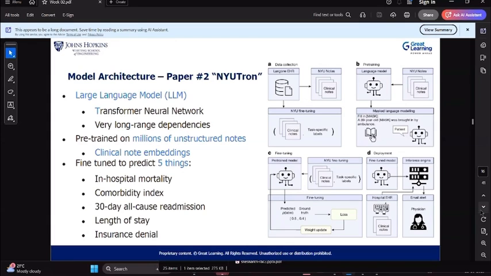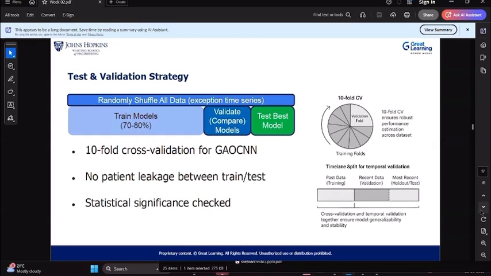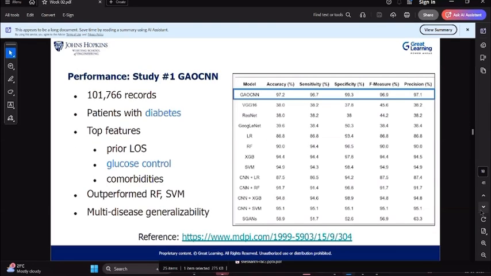And then we talked about the performance of these models, right? How these models have been tested and what the performance is. If you look at Gauss-CNN, this was trained on 101K patient records. The top features were the prior length of stay, the glucose control, and comorbidities, which were very useful in this case.